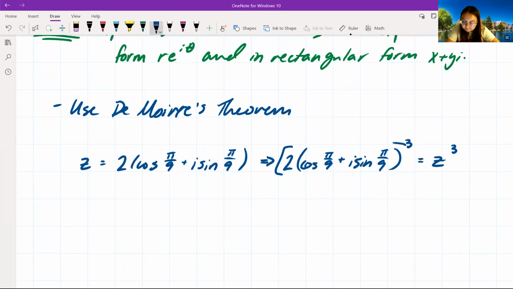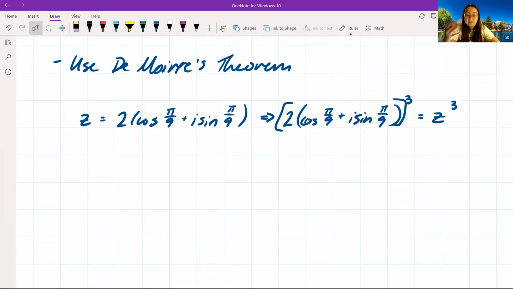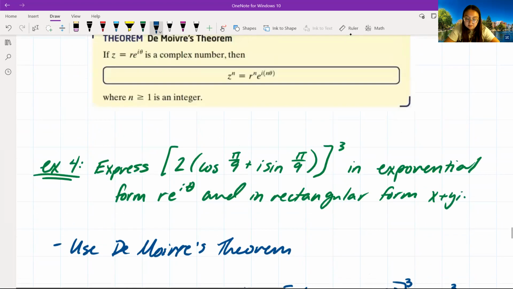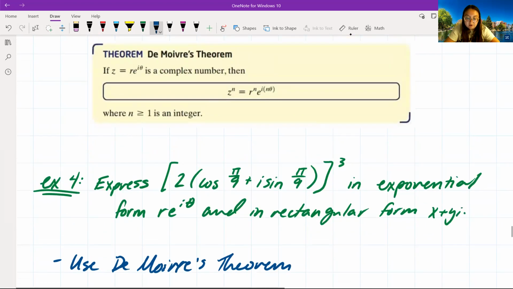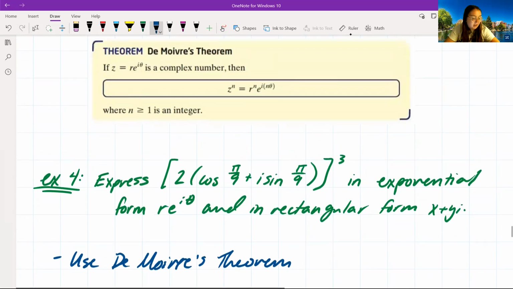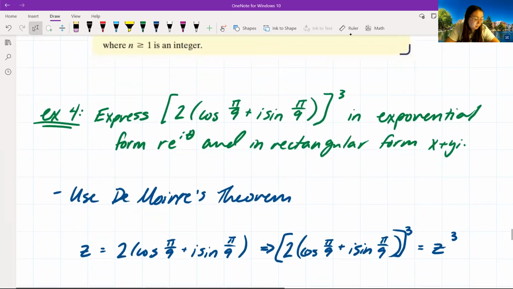There we go. So if we raise this all to the power of 3, 2 to the power of 3 is going to be 8. So we have it in our form of r to the power of n times e to the power of i n theta.